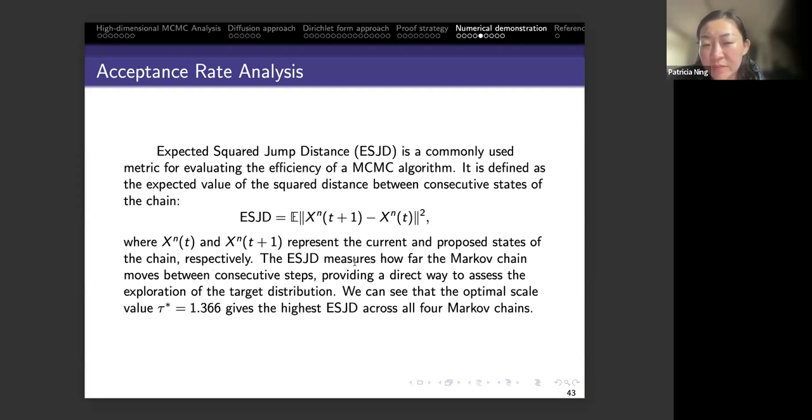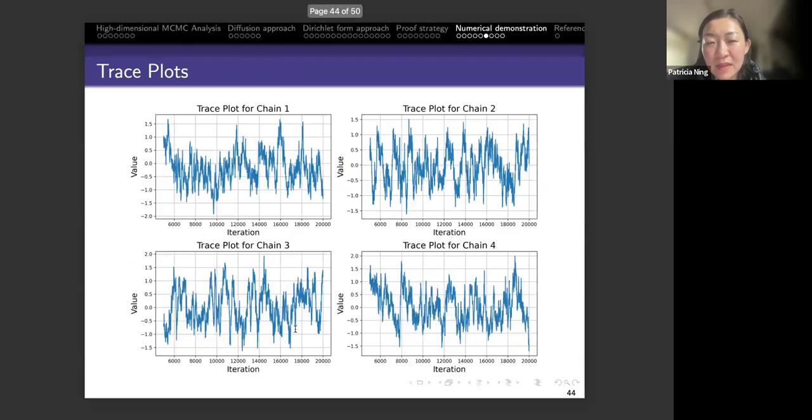The ESJD measures how far the Markov chain moves between consecutive steps, providing a direct way to assess the exploration of the target distribution. We can see that the optimal scale tau star 1.366 gives the highest ESJD across all 4 Markov chains.